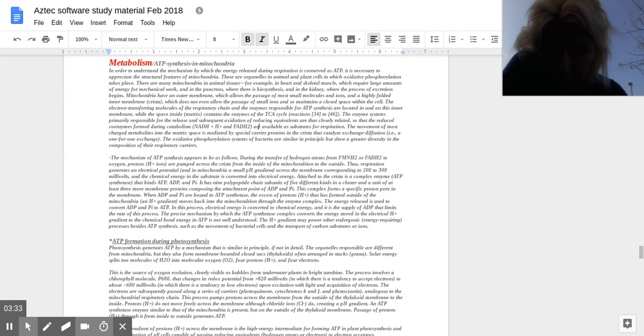Attached to the crista is a complex enzyme called ATP synthetase that binds ATP, ADP, and phosphorus ions.